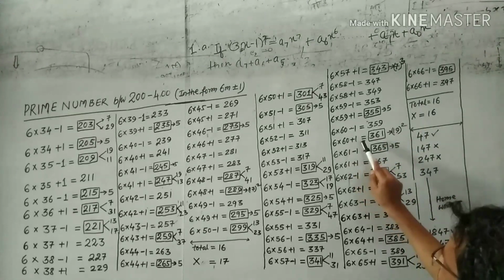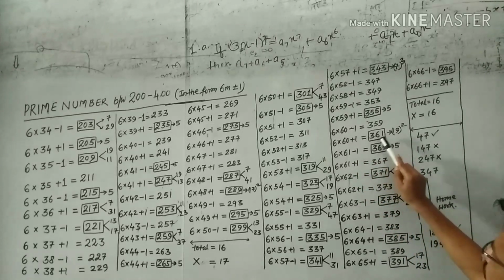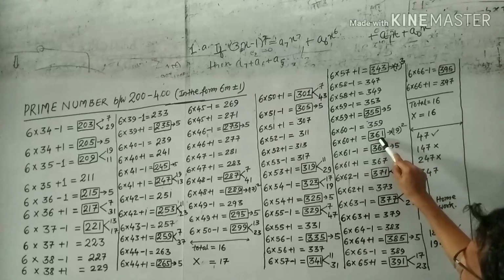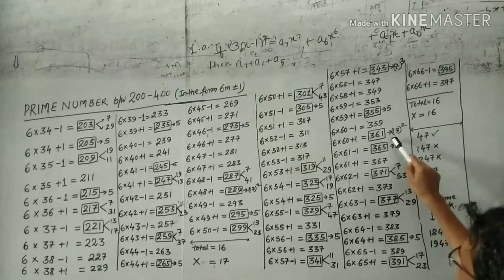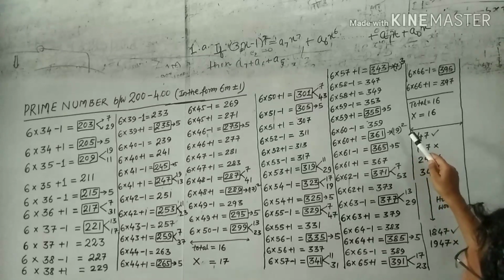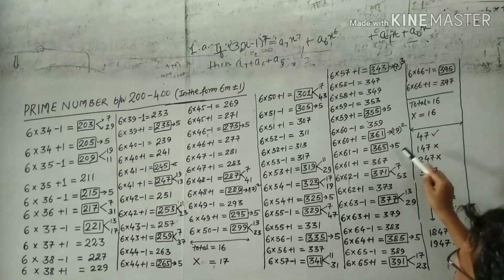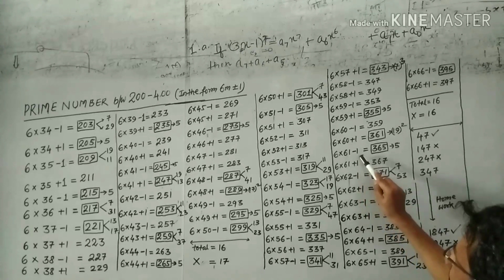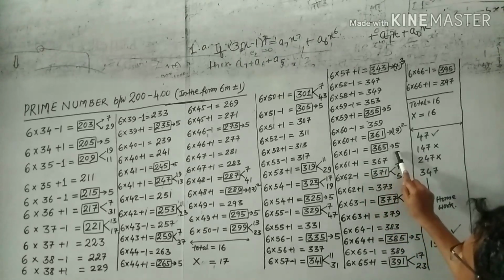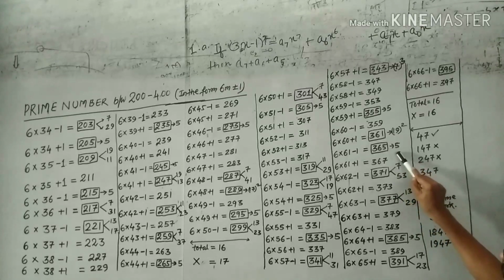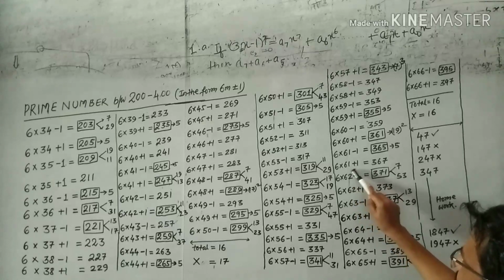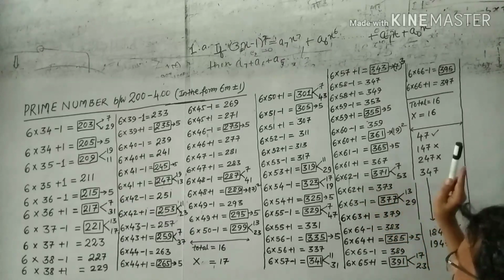6 into 60 plus 1, that is 361, which is a square of 19, so it is not a prime number, it is a composite number, as well as it is the square of 19. So similarly, you can find all squares. 6 into 61 minus 1, that is 365, it ends with 5, so having factor 5, it is not a prime number. 6 into 61 plus 1, 367.